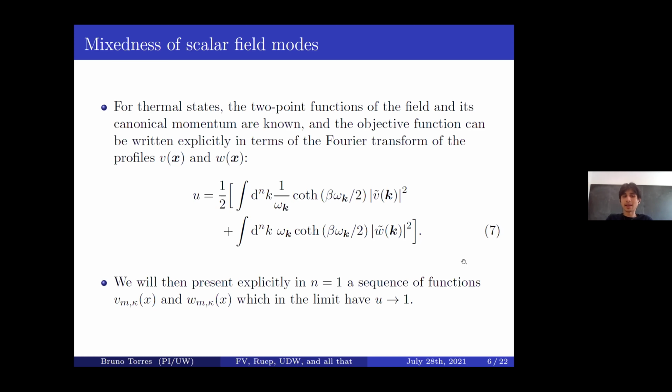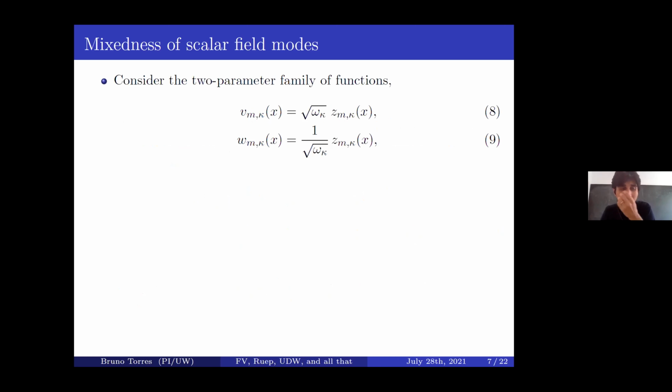So that basically says that you can make the mode as pure as you like for any temperature and for any spatial localization scale, even though, as we know from the Richelieu theorem, any local mode of a free scalar field will be mixed. So there's no non-trivial lower bound for the mixedness of the mode, is what we're trying to say. And yeah, for concreteness, this is how the constructive proof, let's say, works.